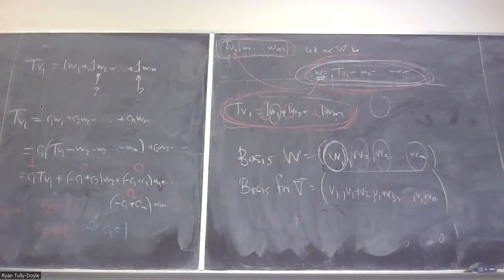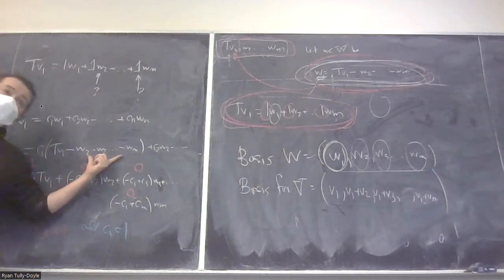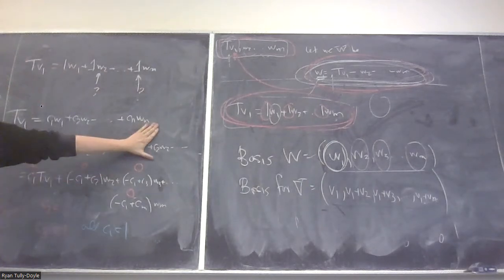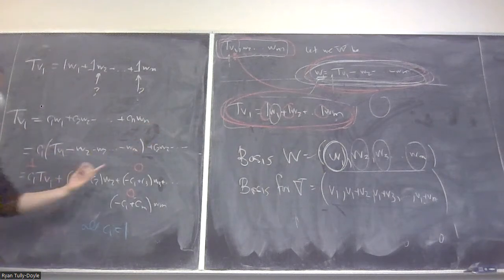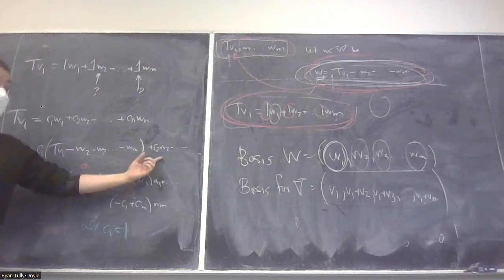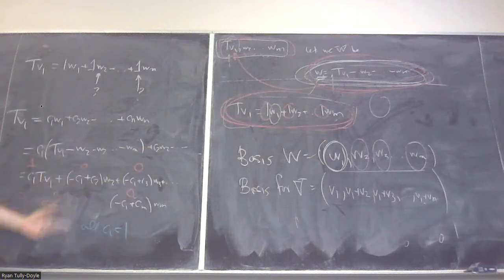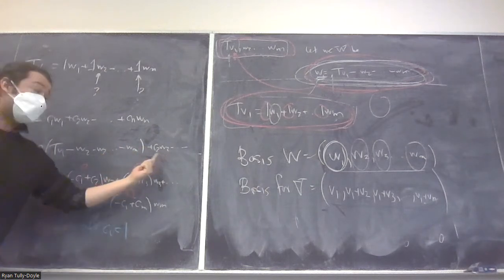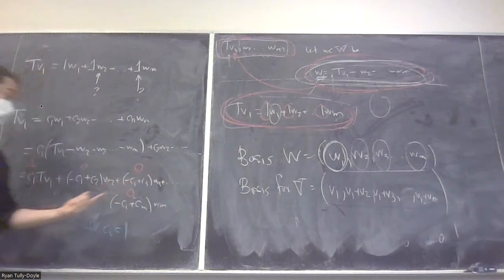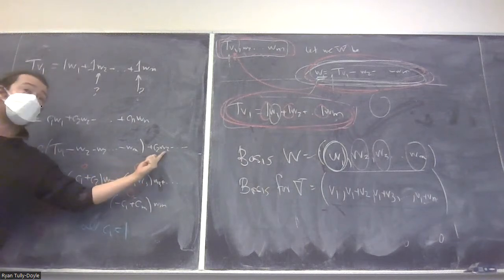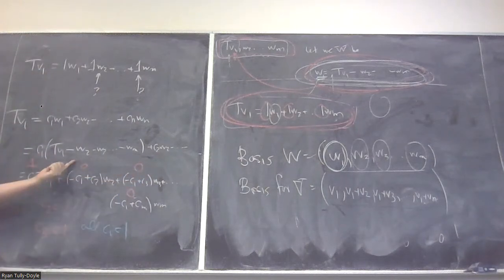So the idea of subtracting these away comes from the idea like, I know there has to be a C2W2. That has to be there. I mean, this is a vector in W. I have to expand the output of T in terms of the W basis. So if I need this to be here, and I need there to be a 1 here, I'm going to have to somehow get this vector involved in this vector.